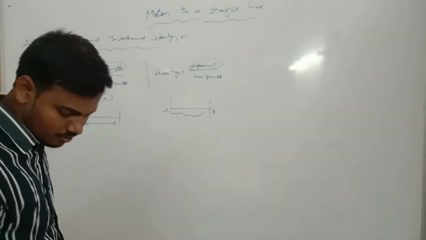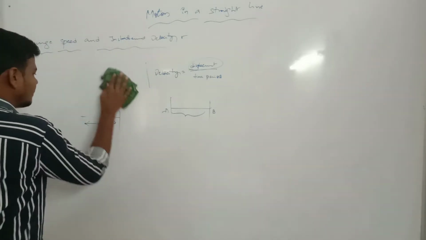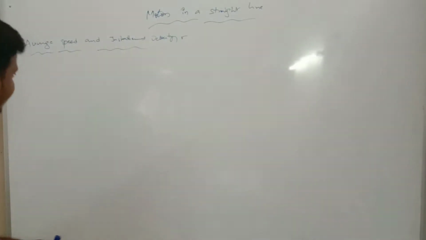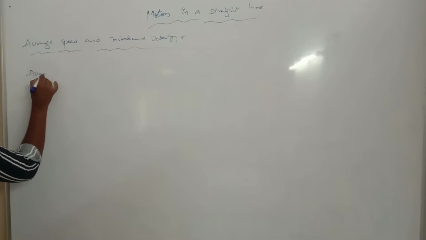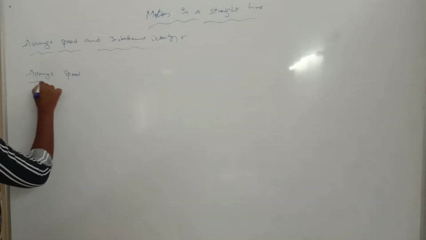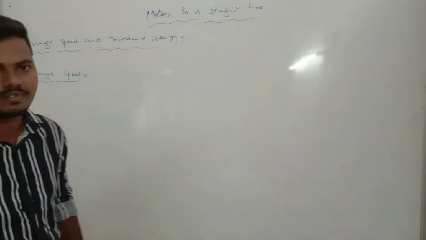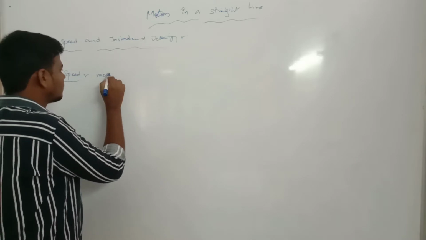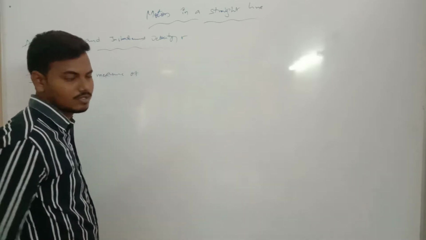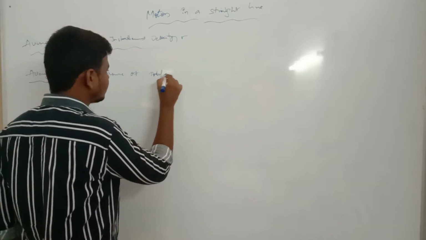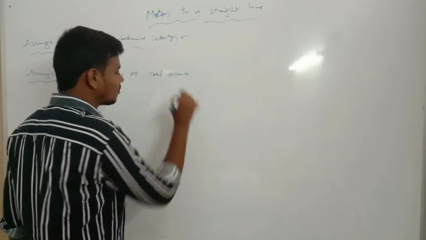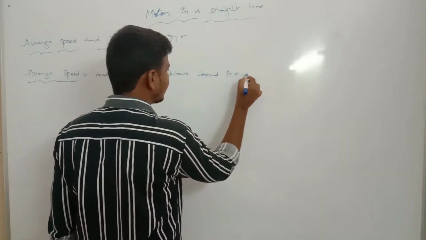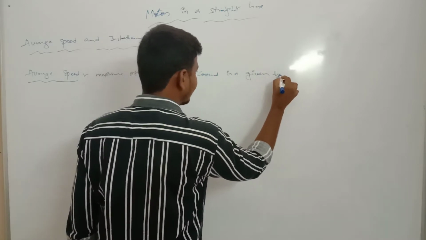Now average speed. The definition of average speed is the measure of total distance covered in a given time.